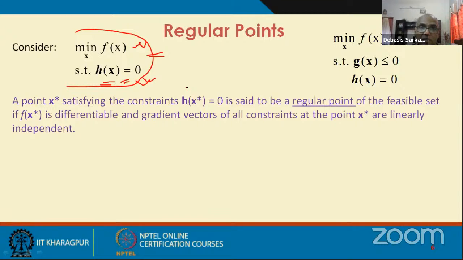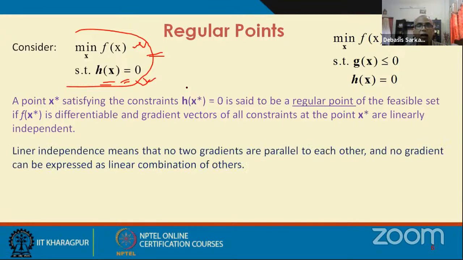All the gradient vectors evaluated at x star are linearly independent. Linearly independent means that no two gradients are parallel to each other, and no gradient can be expressed as a linear combination of others.